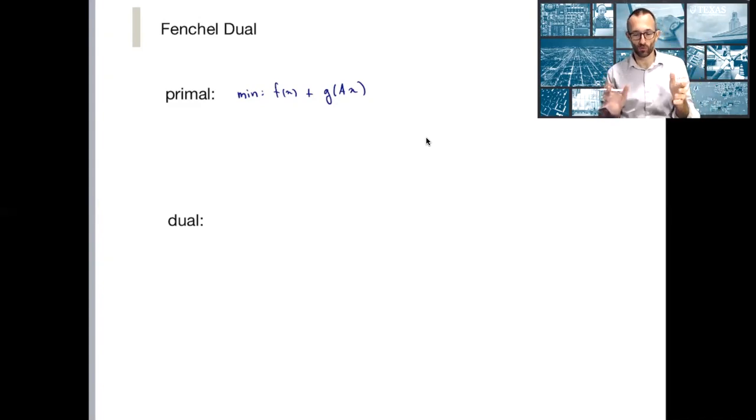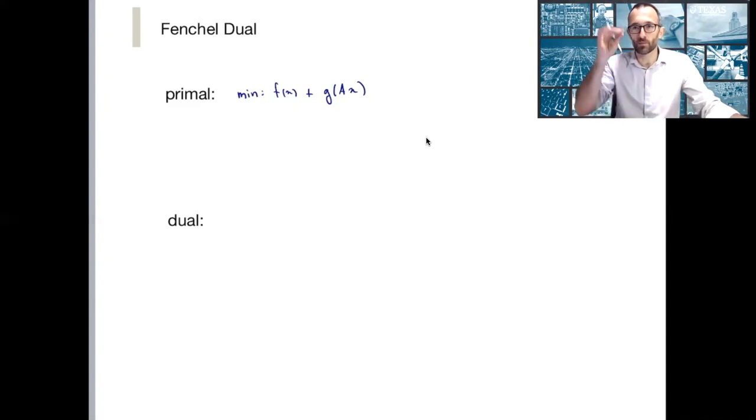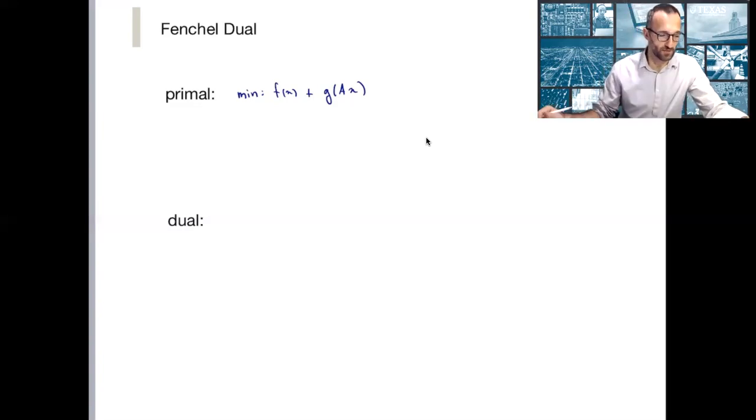The name of the game here is to try to exploit some special structure of the problem and to set up a general framework that allows us to think about this in a principled rather than completely ad hoc way. Obviously, the best way to exploit the structure of a problem is to have already solved that problem and written down the solution somewhere. But that is not a principled approach that will allow us to extend.